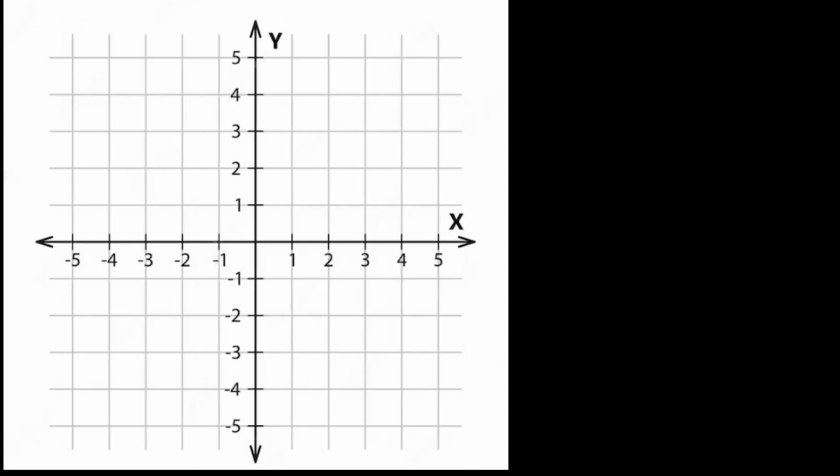All right, so we will see an example of how to find the gradient of a line graphically. See this example on the xy plane, line L1. We want to find the gradient of this line. To find the gradient, we have to find first the vertical distance. The vertical distance here is opposite to the numbers on the y-axis, which are 2 and 5. And the horizontal distance is opposite to 5 and 1.